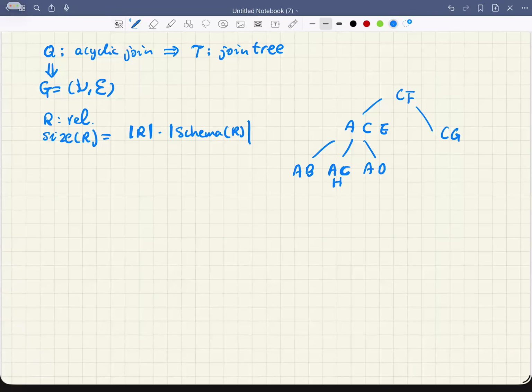So the number of attributes, and that's the size of the relation. So the input size of this join is defined to be this. If you look at all the relations in the join, you simply add up their sizes. So this is the number of integers that you need in order to represent this relation.